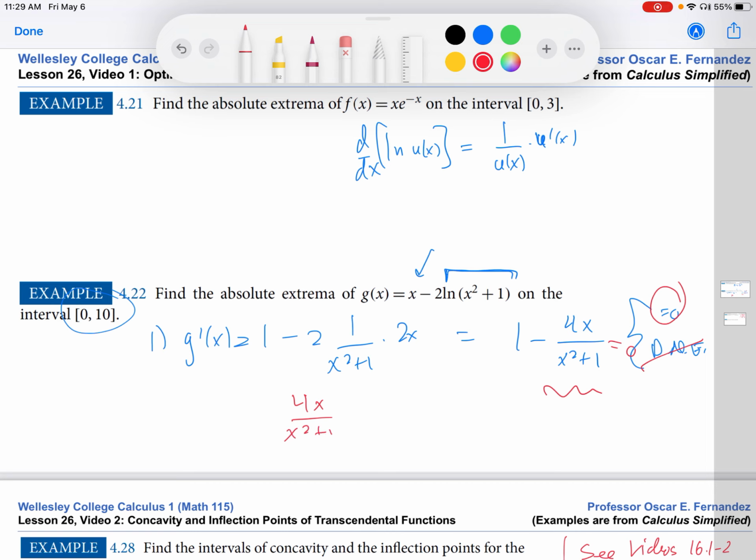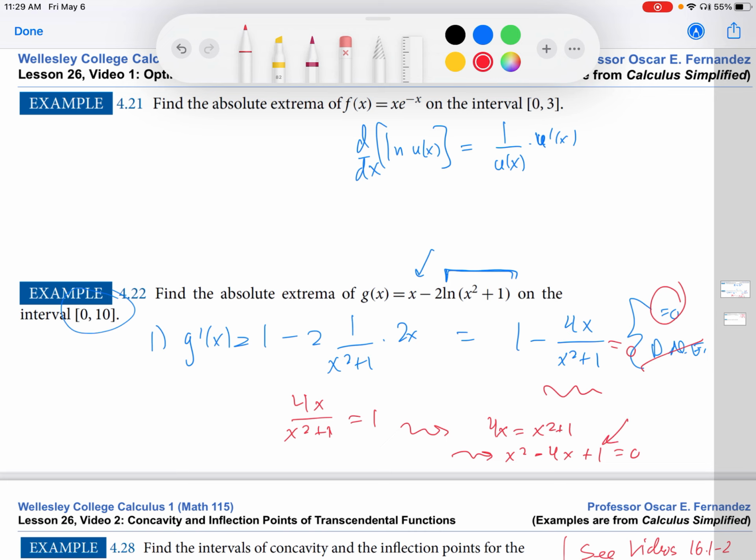That yields this equation, which I can cross multiply and turn into x squared minus 4x plus 1 equals 0. This is an equation that you probably want to use the quadratic formula for because it does not seem to factor that well, right?